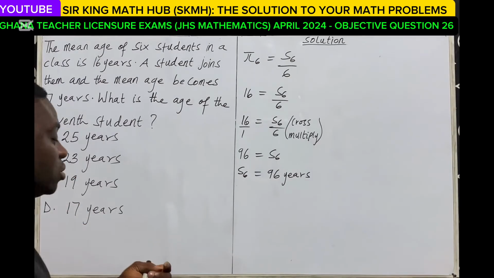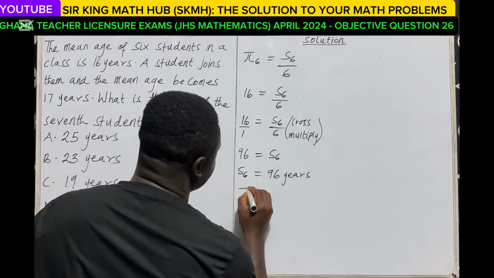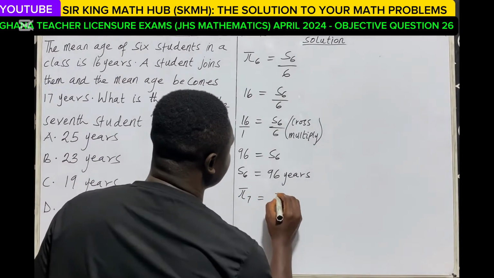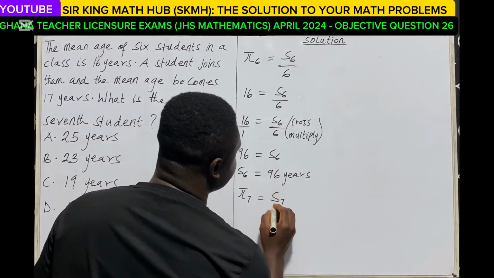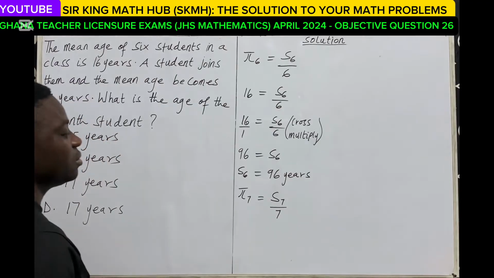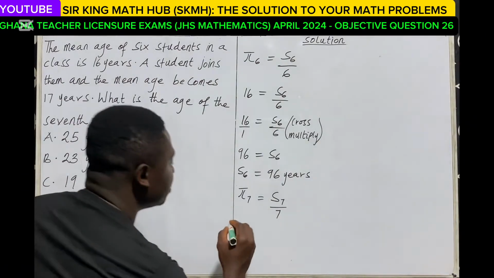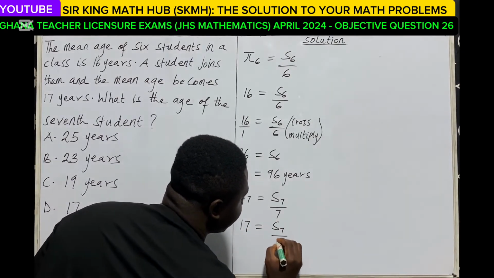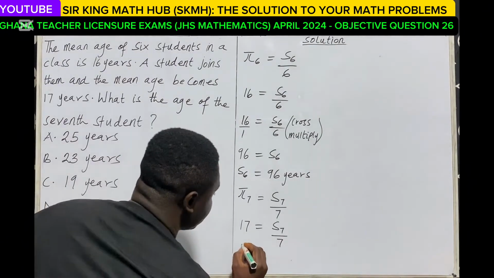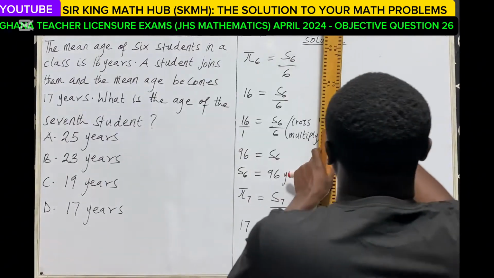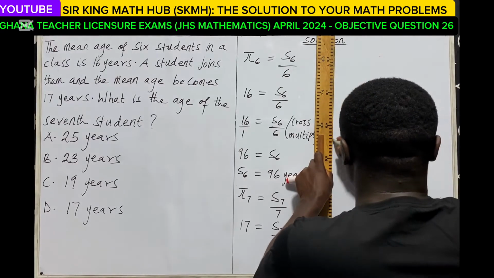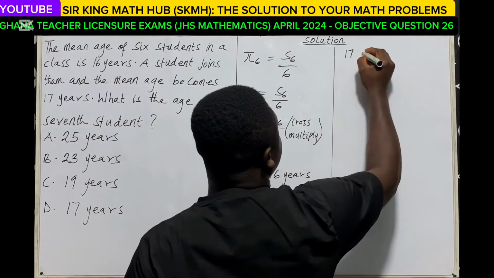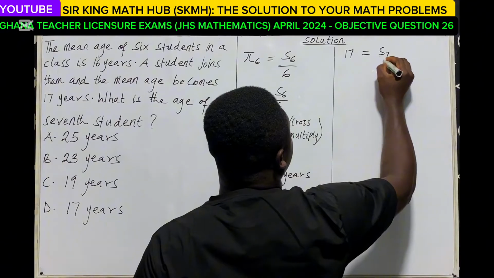So now, let's also create a formula for calculating the mean age of 7 students. The mean age of 7 students is equal to the sum of the ages of the 7 students divided by 7. By this time, the mean age of the 7 students is 17. So 17 is equal to sum of 7 over 7.